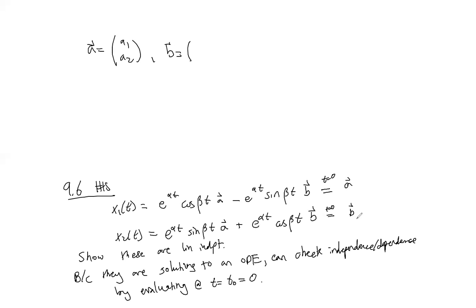So we know x1 equals A and x2 equals B just because I'm evaluating it at t equals 0. So, this one's interesting.